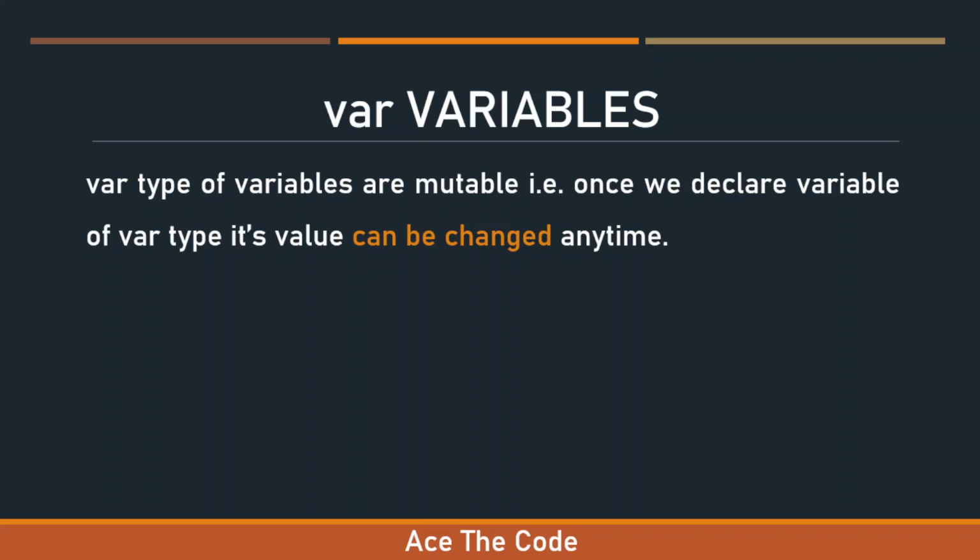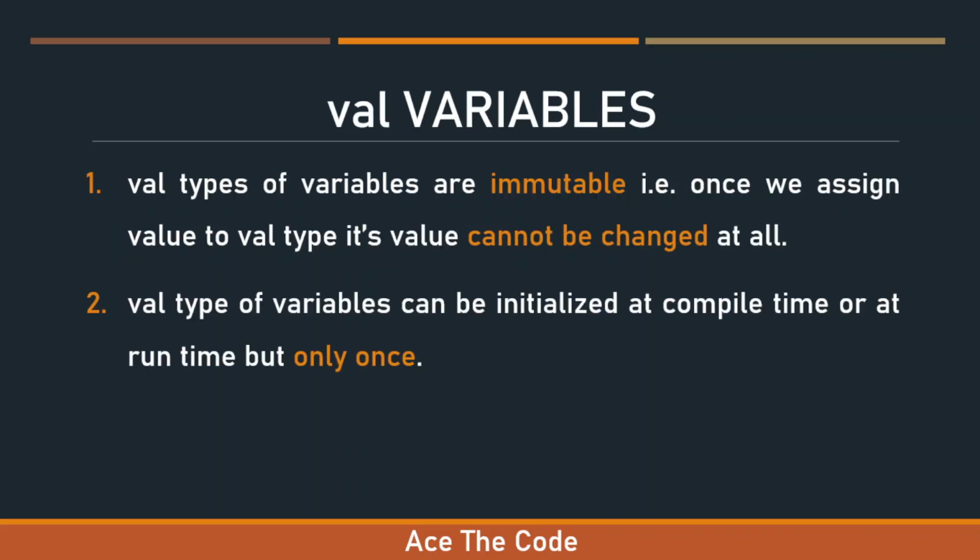When you declare a var type of variable, var variables are mutable. That is, once we declare a variable of var type, its value can be changed at any time. Val types of variables are immutable. That is, once we assign a value to a val type of variable, its value cannot be changed at all. Val type of variables can be initialized at compile time or at runtime, but only once.